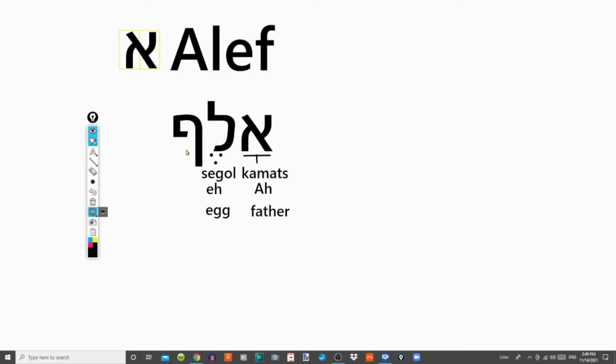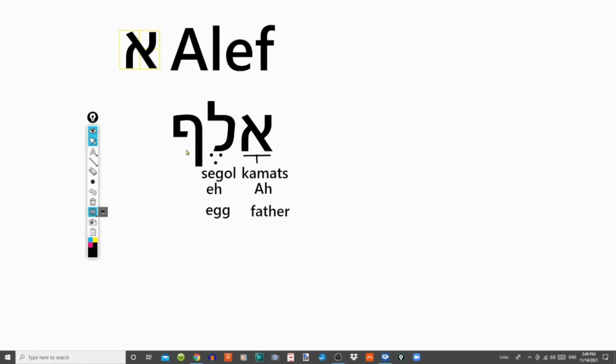Now the f here is one of what we call a BeGeD KeFeT, and that is an acronym to allow us to remember the letters in the Hebrew that can be pronounced two ways, either with a hard way, a plosive sound, or a soft way, a fricative sound.